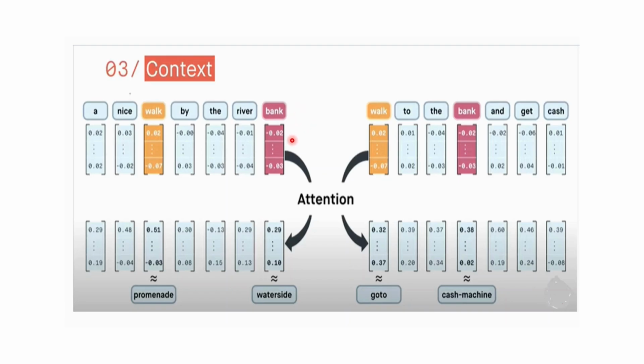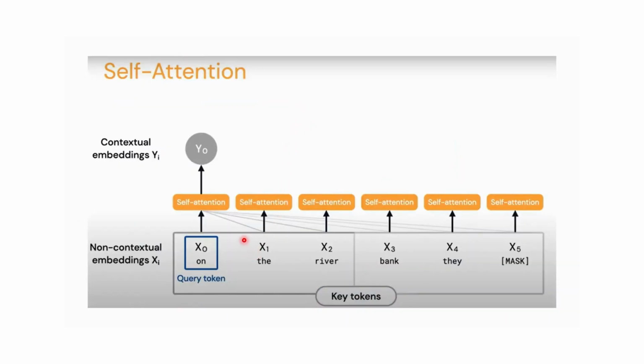To understand the query and the key vector, we can look at this picture. Initially this is the query token. We are understanding how this word on is related to the other words. This is the query token as of now, and the rest of the words are the key tokens.